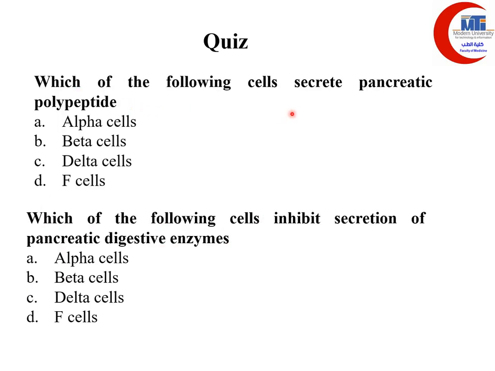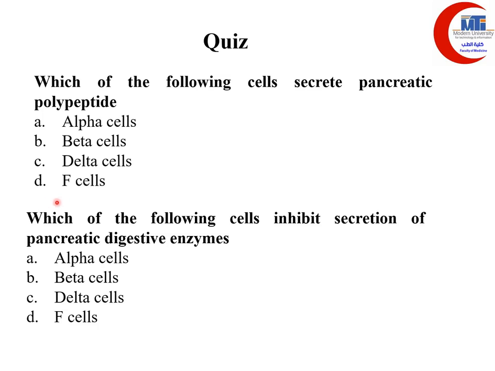Which of the following cells secrete pancreatic polypeptide, which are called the PP? Alpha cells secrete glucagon, beta cells secrete insulin, delta cells secrete somatostatin, F cells secrete PP, pancreatic polypeptide, which inhibits the pancreatic enzyme secretion.